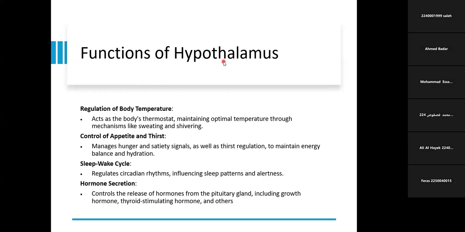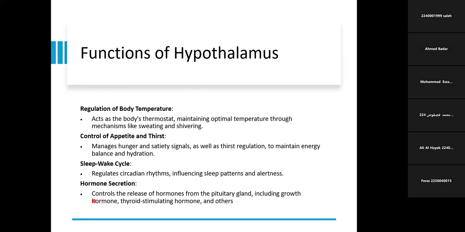Who controls it? Hypothalamus. My dears, we have about 20 big hormones and as many small hormones which come from different places. You know the big names, you know the name of growth hormone, you know the name of oxytocin, you know the name of thyroid hormone, you know the name of cortisol, you know the name of insulin and glucagon, you know the name of testosterone and estrogen and progesterone and follicle stimulating hormone and luteinizing hormone, and I missed maybe some of them.